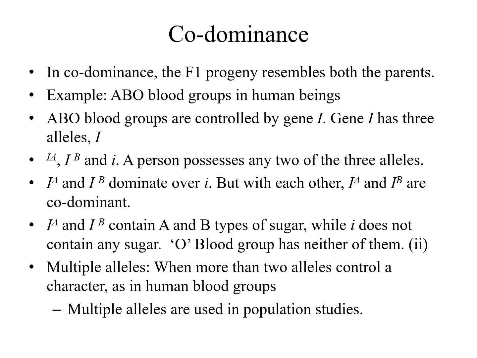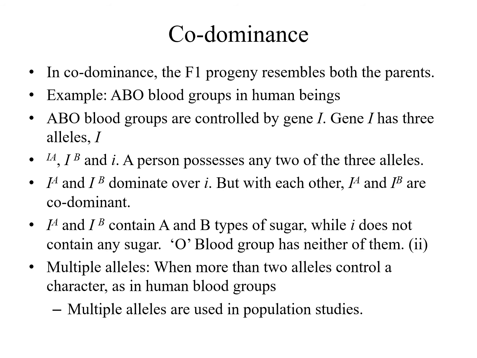This gene I has three alleles. What are they? IA, IB and i. A person possesses any two of these three alleles. Always alleles are in pairs, you know. IA and IB dominate over small i.